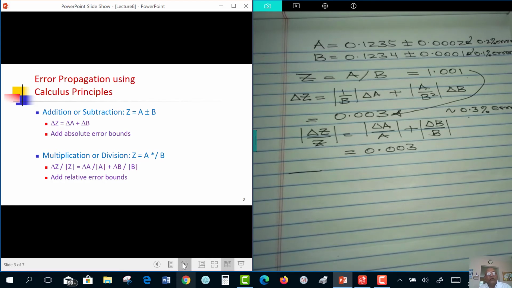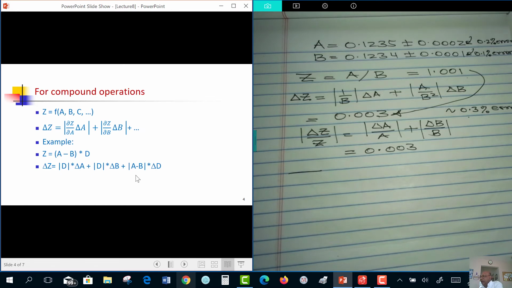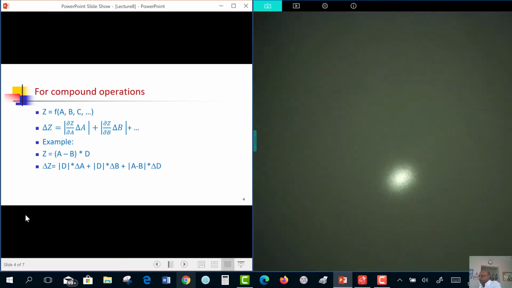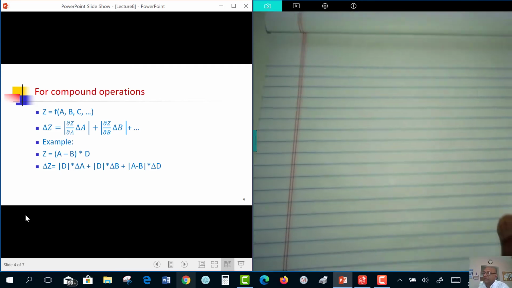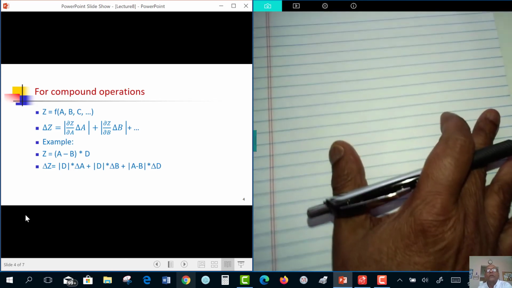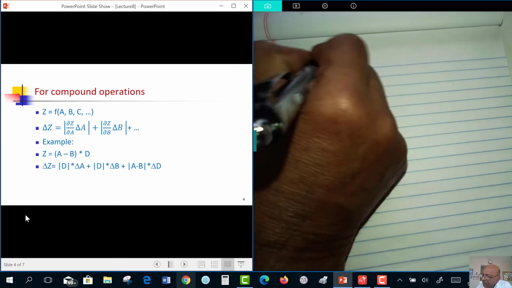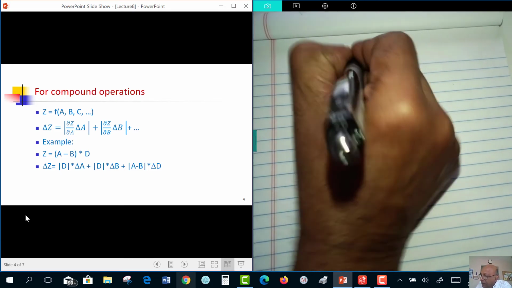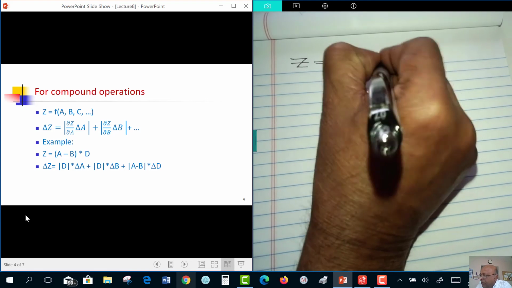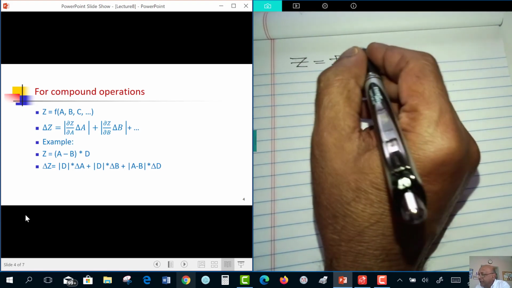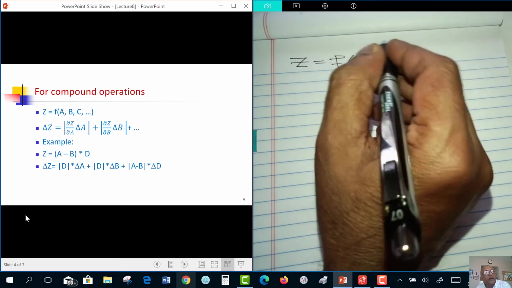Okay, so we did some simple arithmetic operations and we see the ideas. What happens if we do some more compound operations? So let's suppose Z is a function of many variables. A has uncertainty delta A, B has delta B, so on.